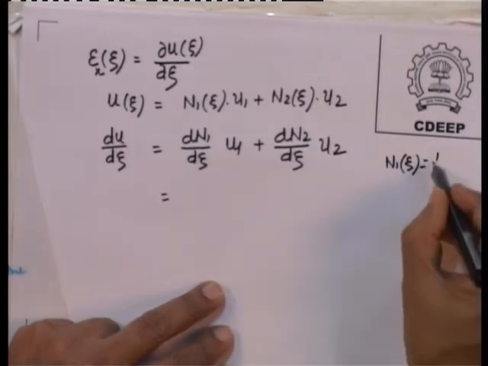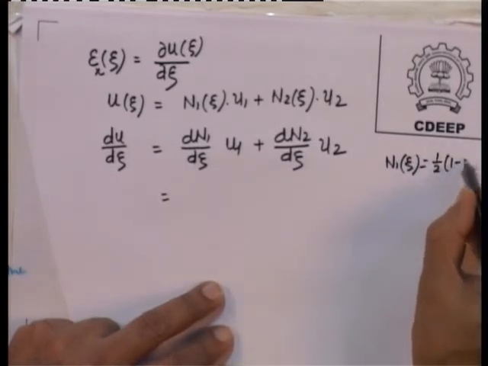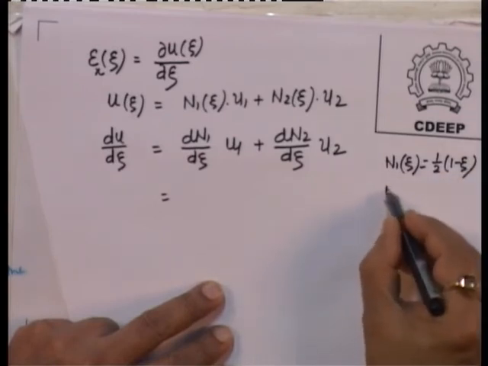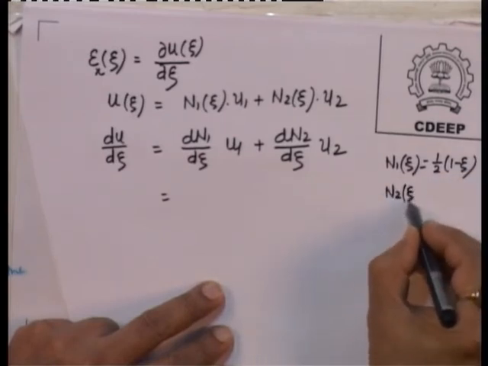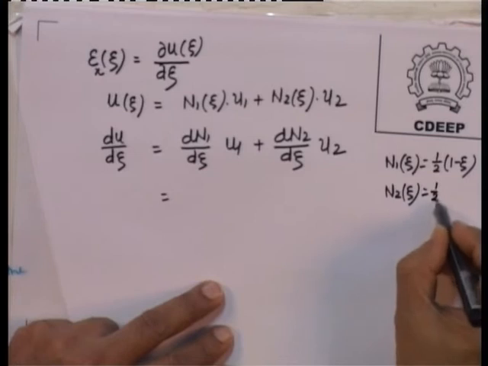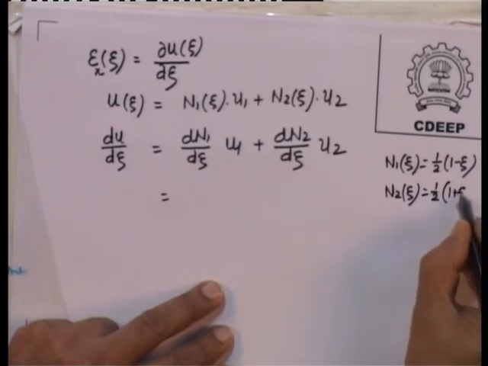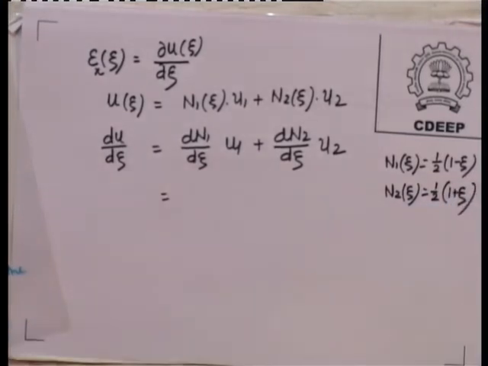What is n1? n1 of psi locally is 1/2 into 1 minus psi, and n2 is 1/2 into 1 plus psi.